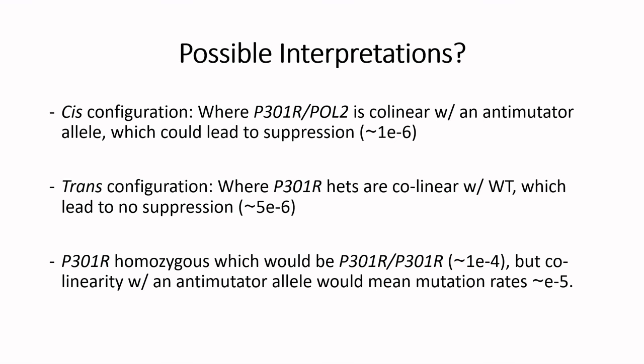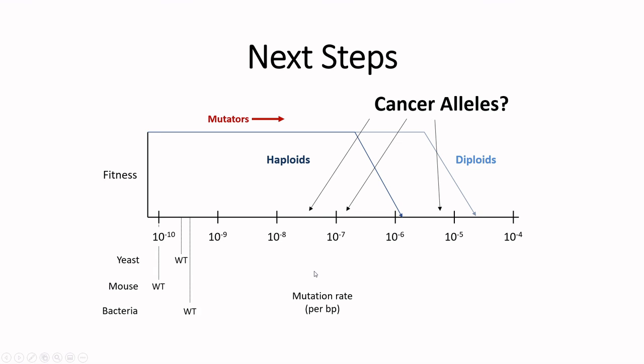However, we could also have P301R homozygous that collinear with anti-mutator alleles could have a sort of suppressed mutation rate of around 10⁻⁵. And so our next steps are trying to identify whether or not these are truly antimutators by genotyping them, but looking for these sorts of trends in human cancer.